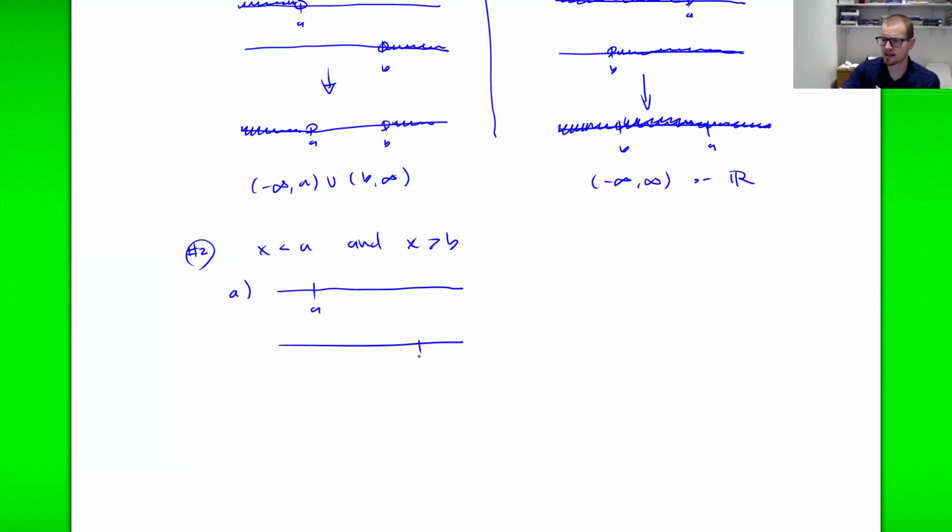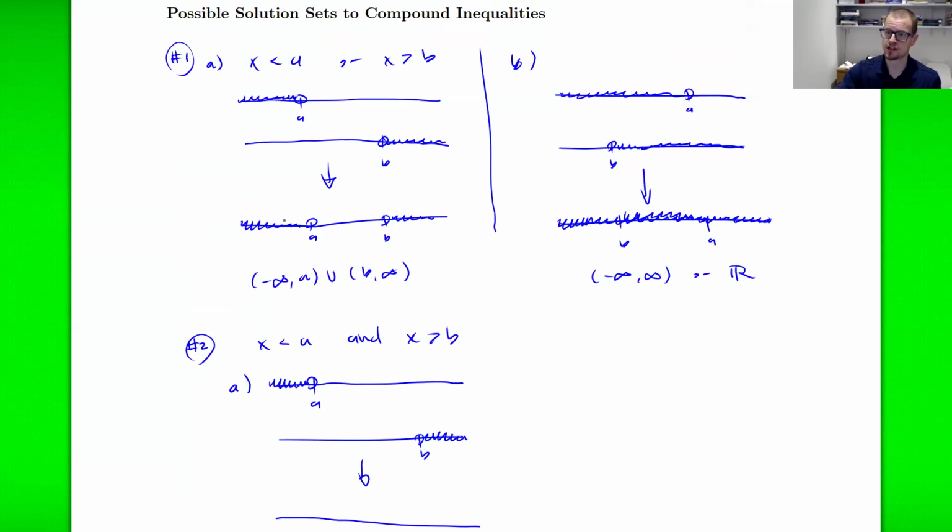If A is less than B, so we have everything over here, because x is less than A, x is greater than B. But if I want it to be both of these things, then our final answer when we combine them is nothing, because there's nothing that's here and here, right? We're looking for those overlaps. We're trying to bring these things down. I shade this point because that point above it is shaded. I shade this point because that point above it is shaded, and I can have it from here or there. But now I'm looking for where it's shaded above on both lines. Well, these are only shaded on one line, and these are only shaded on one line.